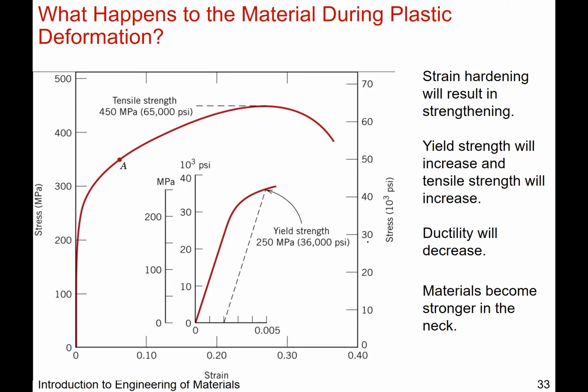I realize that's confusing, but that's the notation they use in your book. Any instantaneous length, when you measure that, if you normalize by L sub i versus the original L naught, you get something that looks more like this, and you see that your material is actually getting stronger right in the neck region. That is more laborious, and it takes higher end equipment to be able to compute that.